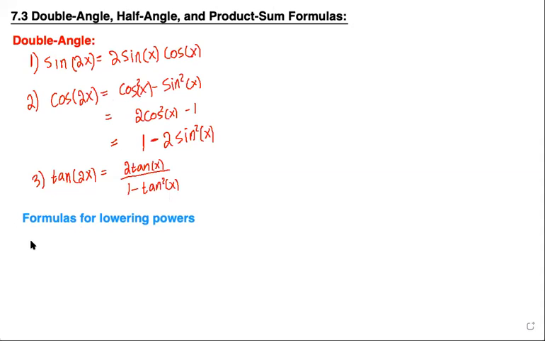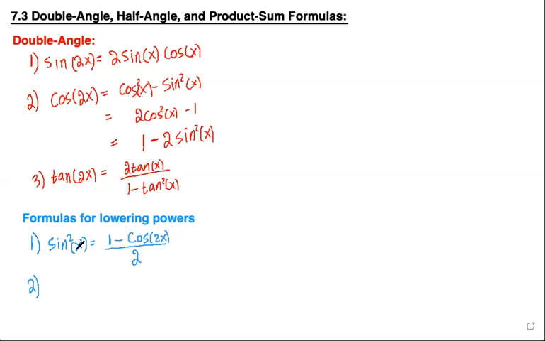So we have to know, first one, the sine square of x is equal to 1 minus cosine of 2x over 2.